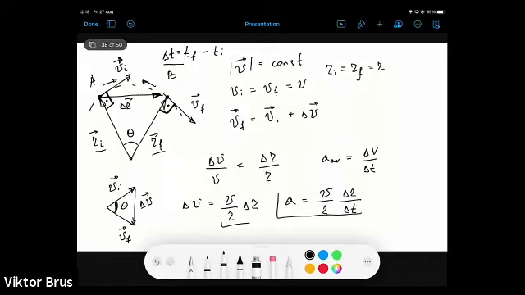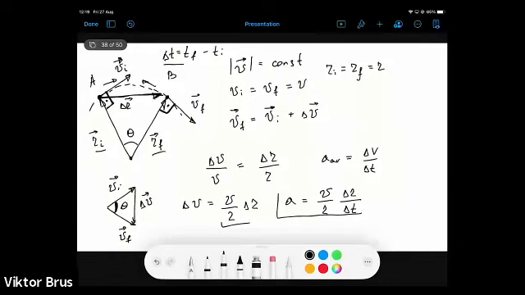The amplitude of the delta R displacement vector will approach the length of the path between points A and B. You see, the path is this, and the displacement is this vector.